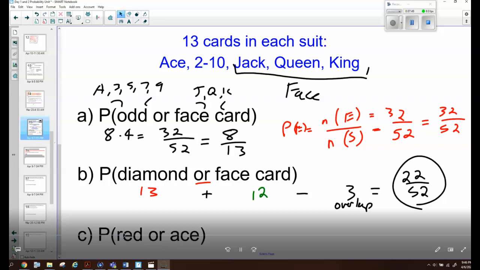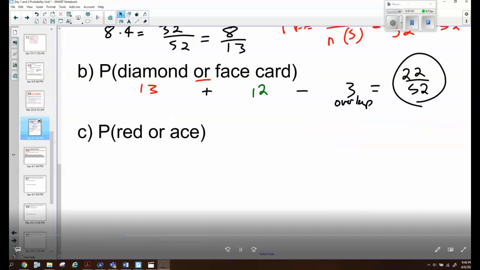This next one's going to give us a similar situation. Let's talk about a red card or an ace. So how many red cards are there? Well, that's half the deck, right? Half of 52 is 26. There are 26 red cards. How many aces are there? Well, if you play cards, you know that. There's 4 aces. But 2 of those are red.